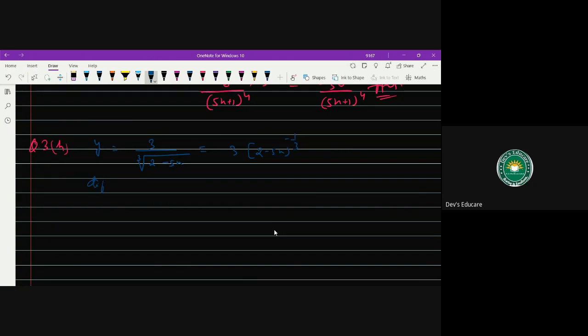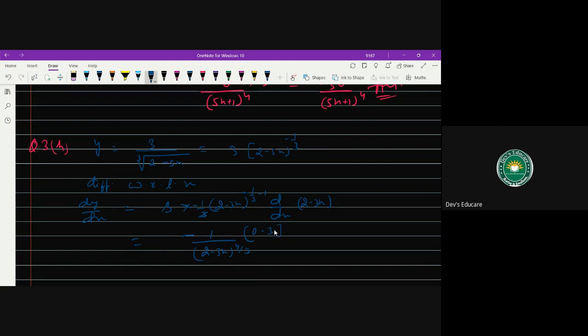So differentiating with respect to x, we have dy over dx equals 3 times minus 1 over 3, (2 minus 3x) to the power minus 1 by 3 minus 1 into derivative of 2 minus 3x. Okay, so this will be minus 1 upon (2 minus 3x) to the power 4 by 3, and here it is 0 minus 3.